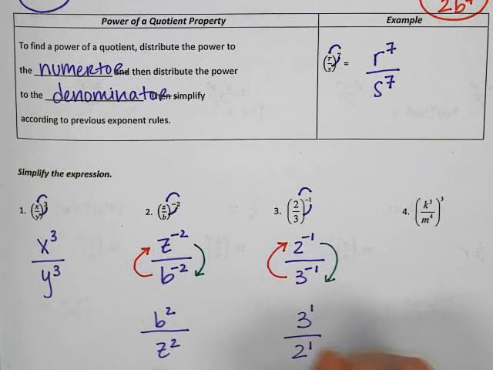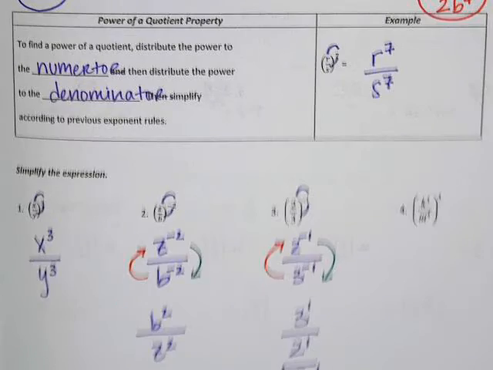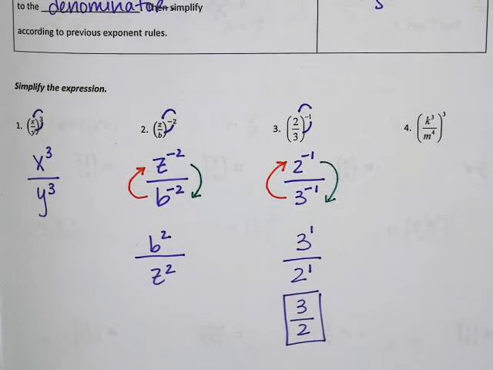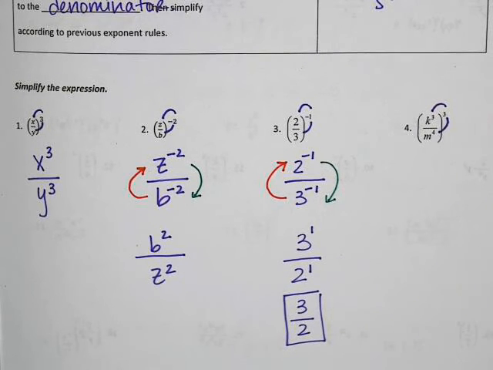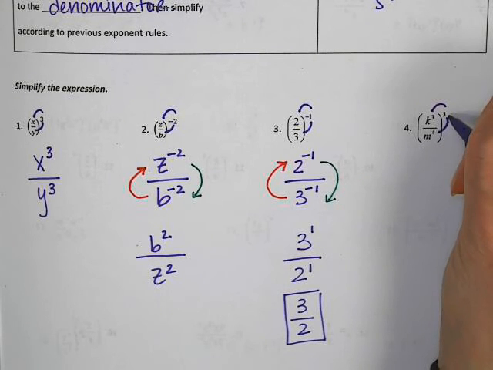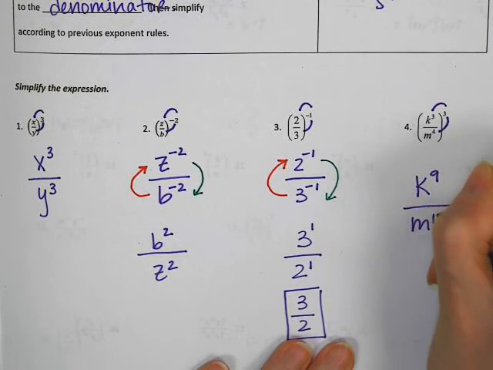So the answer is just 3/2. Oh, sorry, you can't see that. 3/2. And then lastly, number 4, this one gets cubed and this one gets cubed. Now, do you guys remember the property? Power to a power, you multiply. So this one's K9 over M12.